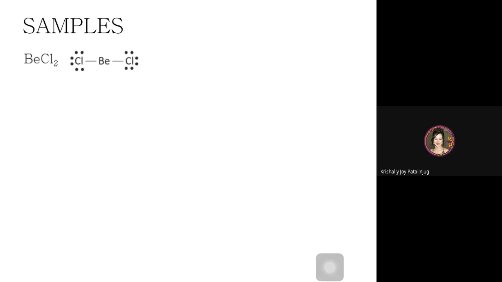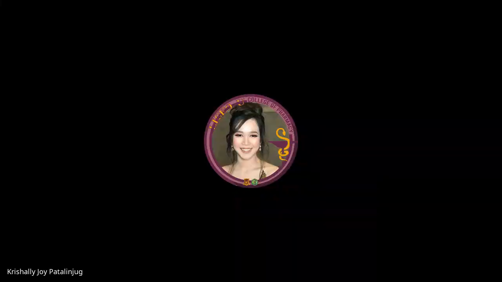Tama? Kasi yung central atom, it has two bonding groups, two electron groups surrounding the central atom beryllium. Therefore, it will form a linear shape. And hybridization of beryllium here is sp hybridized.